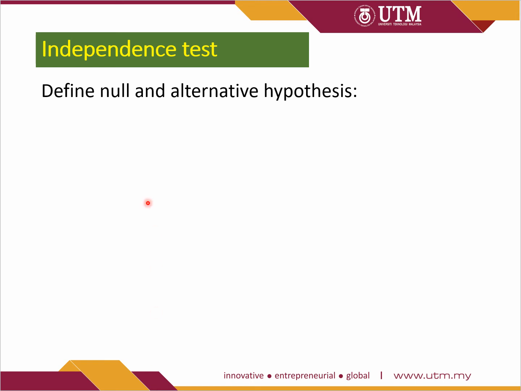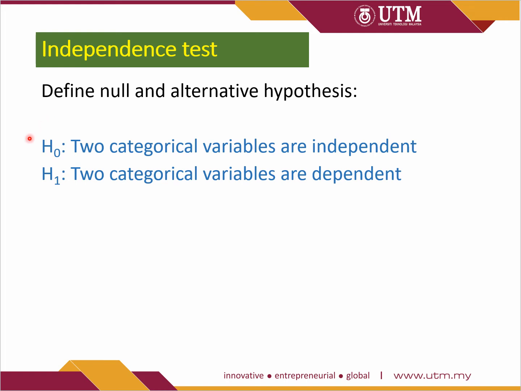First of all, to define the null and alternative hypotheses for the independence test of two variables, we can denote our H naught, or null hypothesis, as: the two categorical variables are independent. And for the alternative hypothesis: the two categorical variables are dependent.